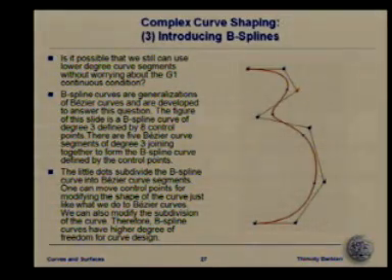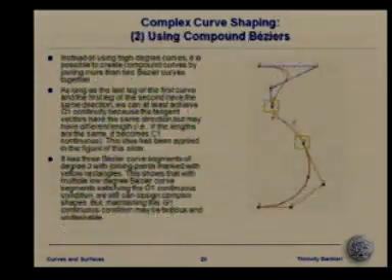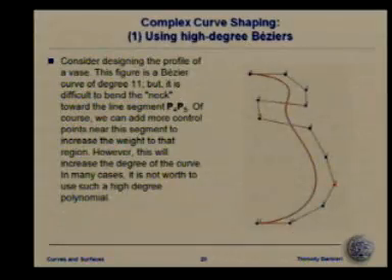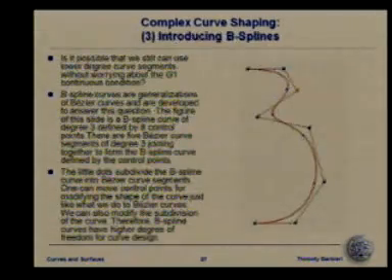With a B-spline, I can create a curve of the same complexity by using a polynomial of a much smaller degree. So this is an example. This is more or less the same shape. You see, over here and over here.